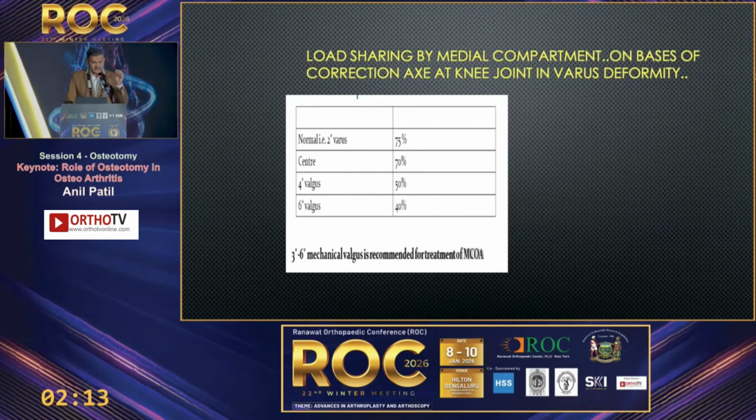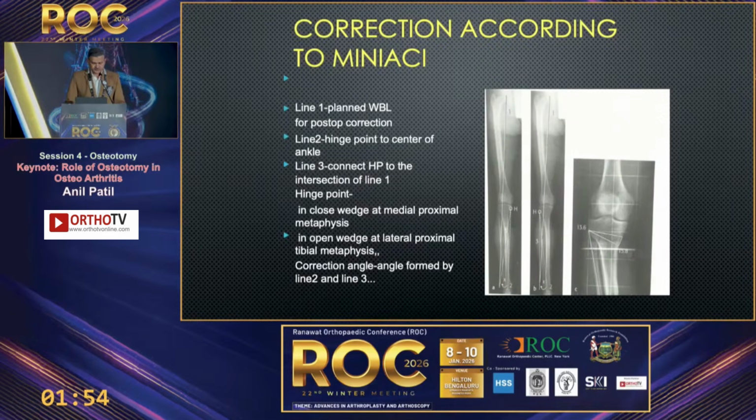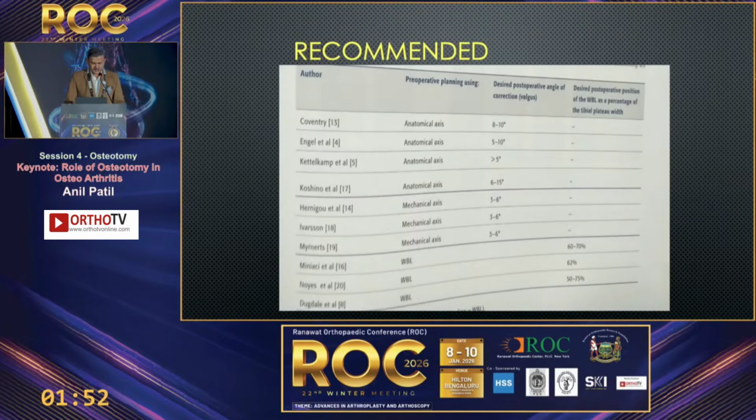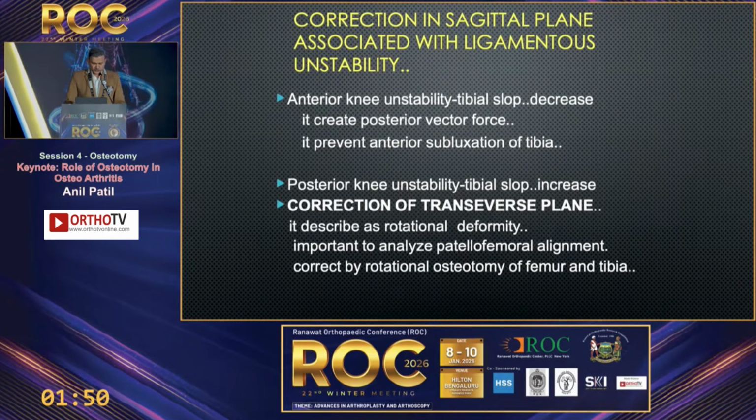If the point is in the center, we have 70% of the load falling on the medial aspect of the knee joint. It is only when you shift to a valgus of 4 degrees or between 4 to 6 degrees that you are trying to get about 40 to 50% reduction in the stresses falling on the medial side of the joint. So these are the calculations and planning you can do.